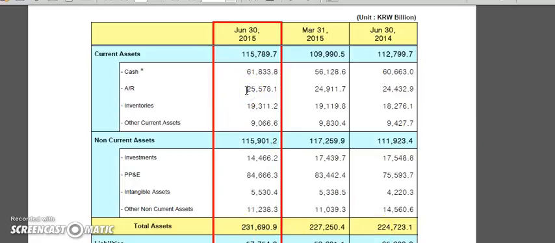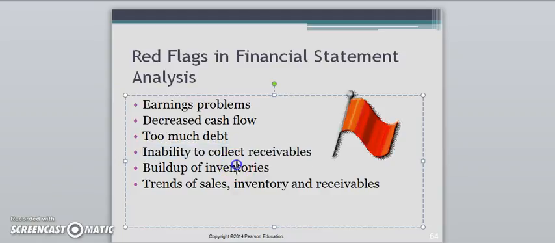So almost 10%. Remember, we looked at the example of Apple, which I think was like 6 or 7%. So that's something to be aware of. What can Samsung do in order not to have that many receivables, with people in the pipeline paying?